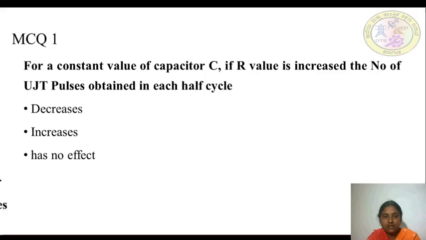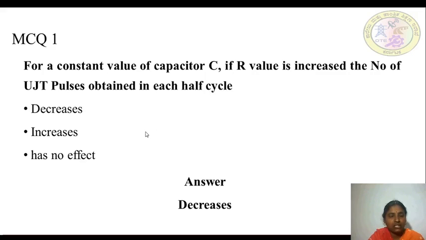The answer is that the pulses obtained will decrease, because R is the resistance through which the capacitor is going to charge. If the capacitor charging time is more, then automatically the pulses obtained will be reduced. The time required for the capacitor to charge from valley voltage to peak voltage will also take more time.